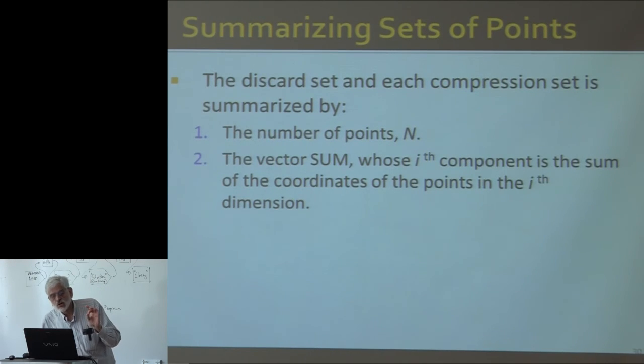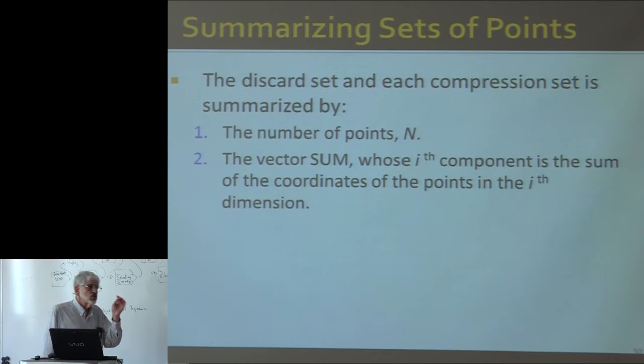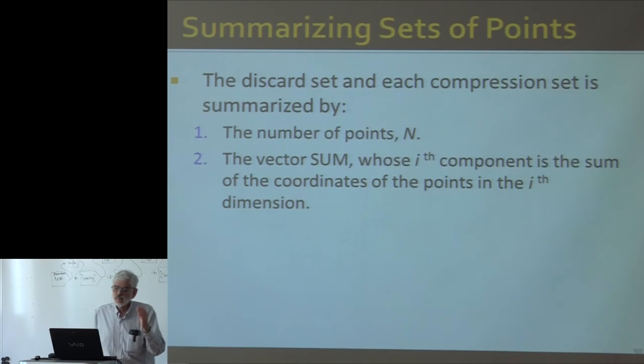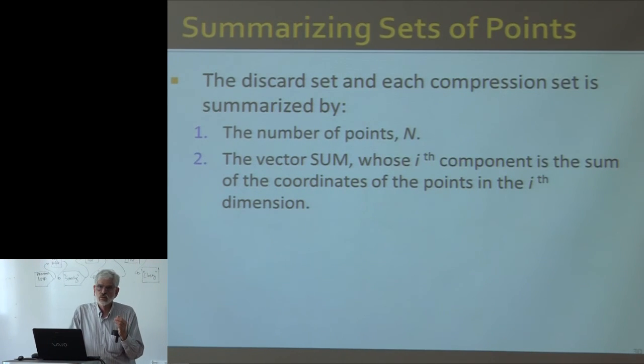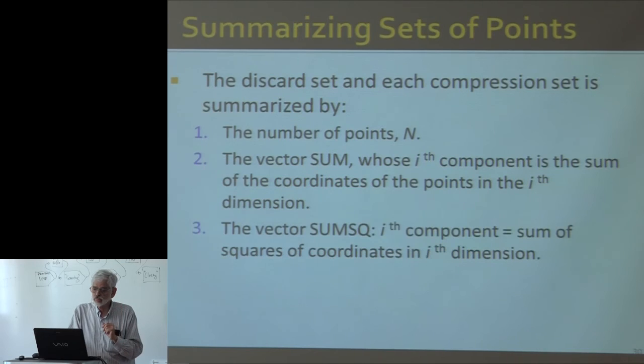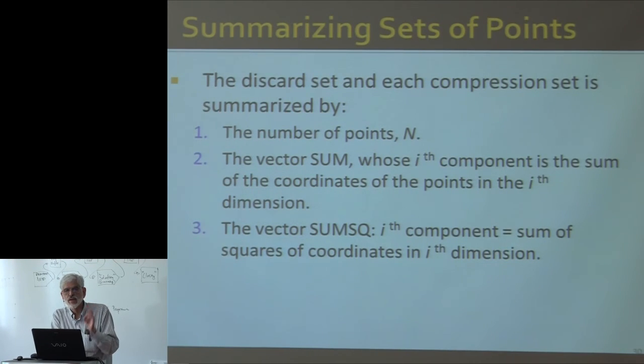There'll be a vector with one component in each dimension that is the sum of the coordinates of all the points in that set in the ith dimension. Okay. So it's not exactly an average, but it's the sum. And then we also want another vector that is the sum of the squares of the values in that dimension for all the members of this set.